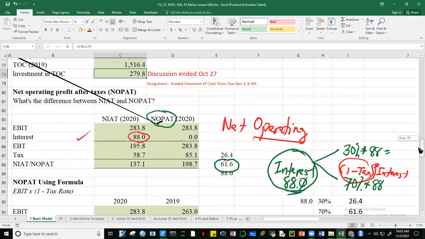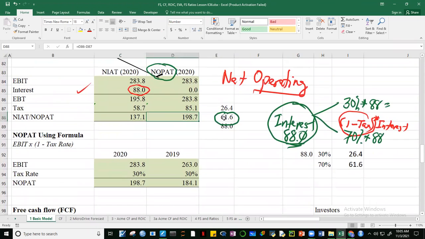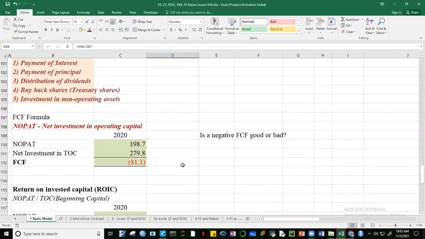So the company generated a positive NOPAT, 198.7, but that was not enough to cover the net investment in TOC. In this regard, guys, the negative FCF was good because it was born out of the increase in investment in operating capital. When a company invests more in its operating capital, that's a signal that the company looks forward to greater sales and greater revenues in the future.